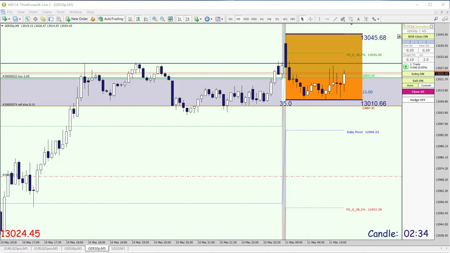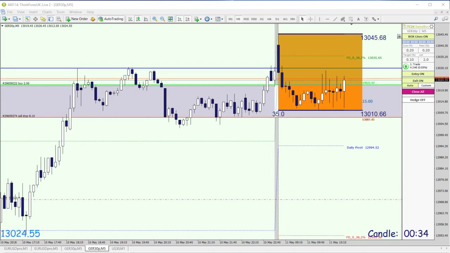But to be honest, does it really matter if you're out of the trade after 1 minute or after half an hour, as long as we get the profit, right? So our next try, 34 minutes past 9. And I have to say, there was much more action going on in the DAX during the bank holiday yesterday than today.